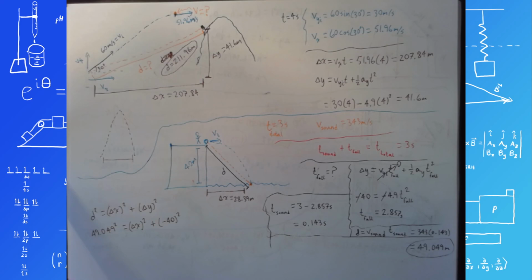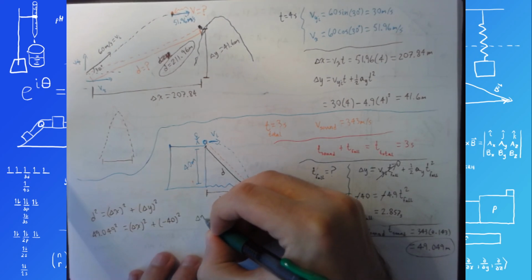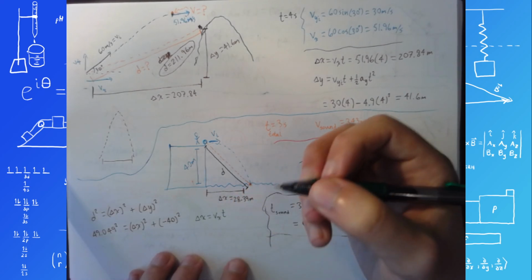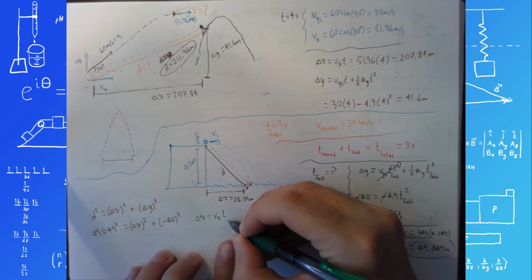And now that I know delta x, and I know the total time that the rock was in the air, I know the total time that the rock was traveling horizontally, which means I can now just use, let's do green, delta x equals vx times t, vx being the value we're trying to solve for, and the t in this case is just going to be t fall.